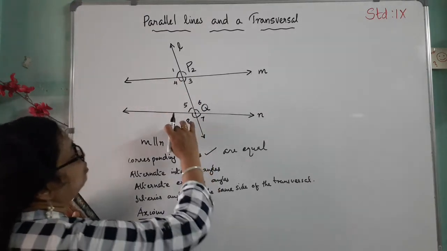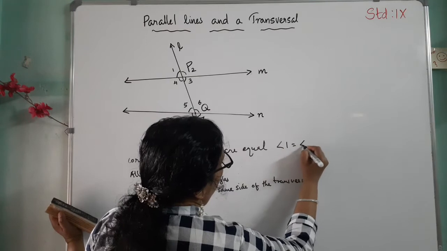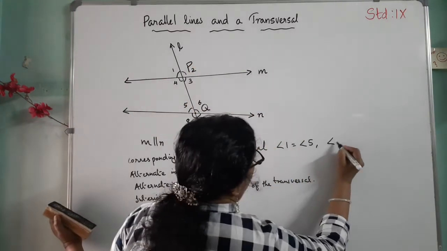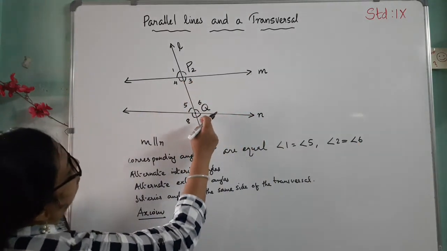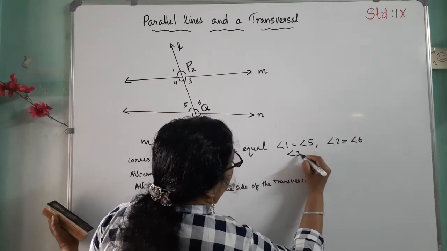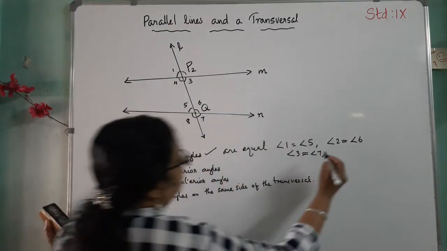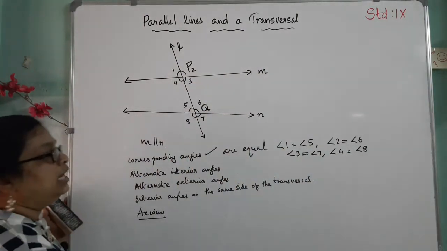Here what are the corresponding angles? 1 and 5. So we can write angle 1 equal to angle 5. Then 2 and 6, angle 2 equal to angle 6. Then 3 and 7, angle 3 equal to angle 7. Then 4 and 8, angle 4 equal to angle 8. That is, these are the corresponding angles.